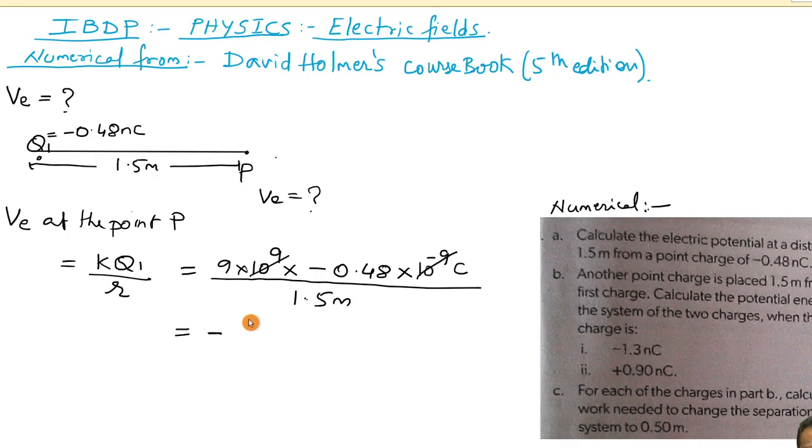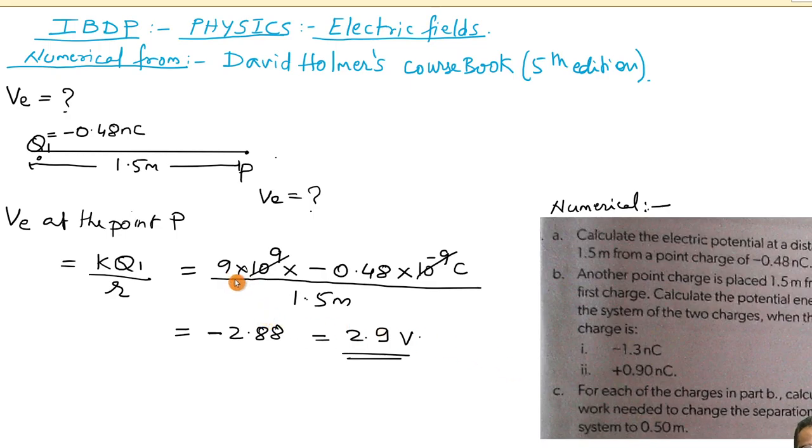And if I round it to 1 dp, this will work out to around 2.9. So this is the value, 2.9 volts, right?